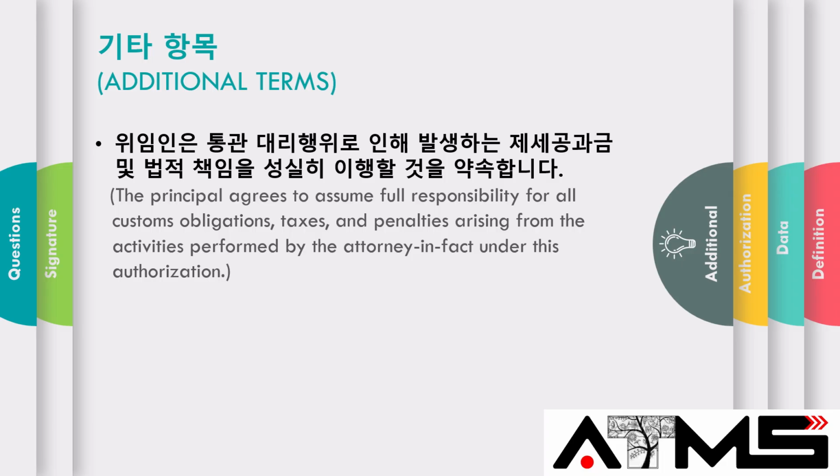Others think that because they are importing under DDP terms, any customs related problems are the exporter's problem. This is incorrect. From the perspective of customs authority, the ultimate legal responsibility always rests with the importer or exporter. Please remember this carefully.